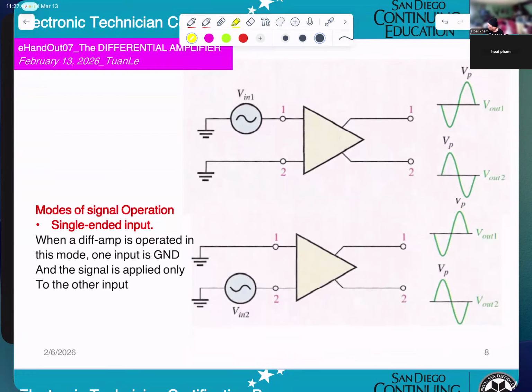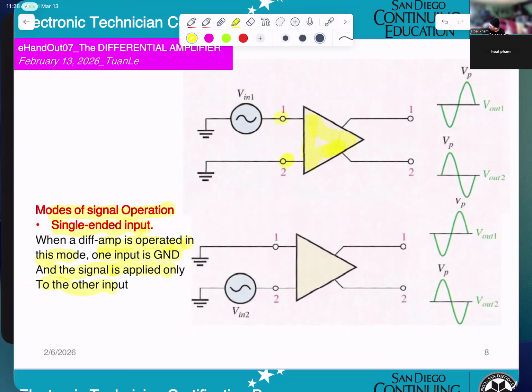Okay, this is the mode of signal operation, single ended input. When a differential amplifier operates in this mode, one input is grounded and the signal is applied only to the other input. So you know that a differential amplifier has two inputs, two outputs.